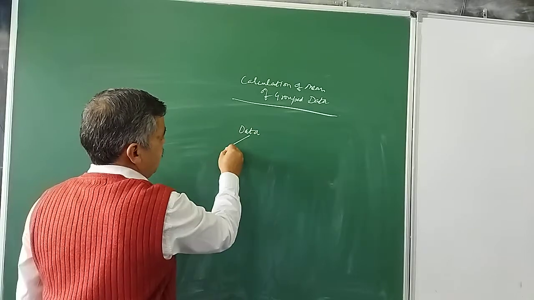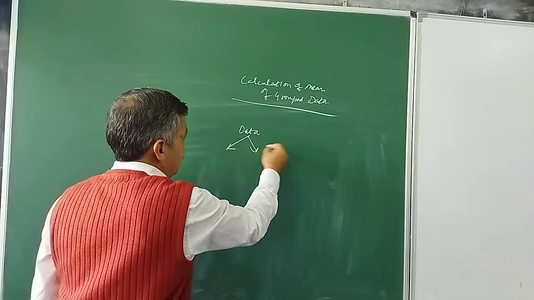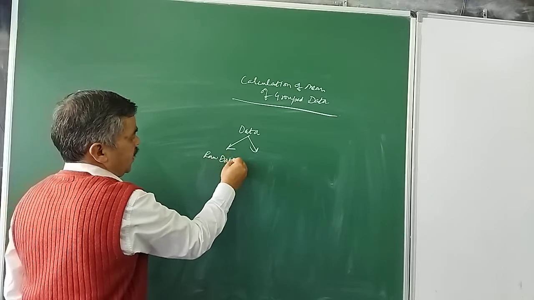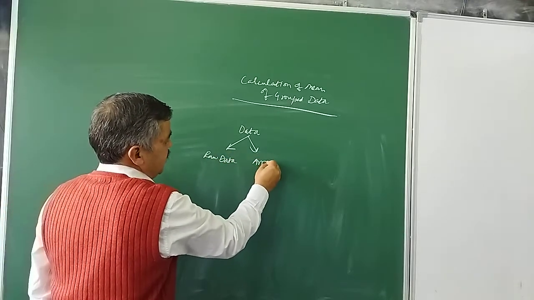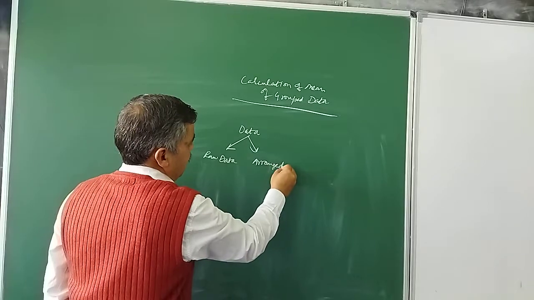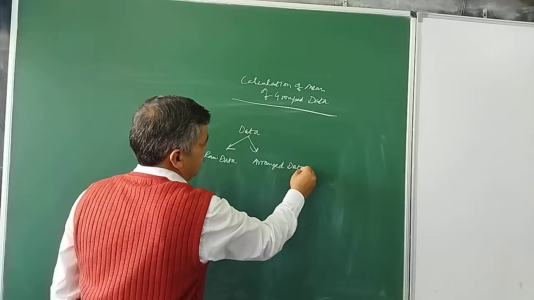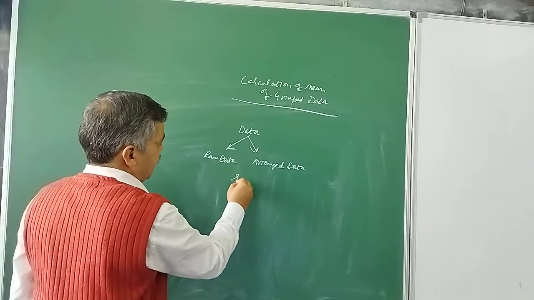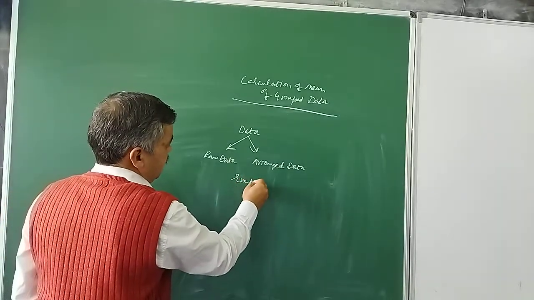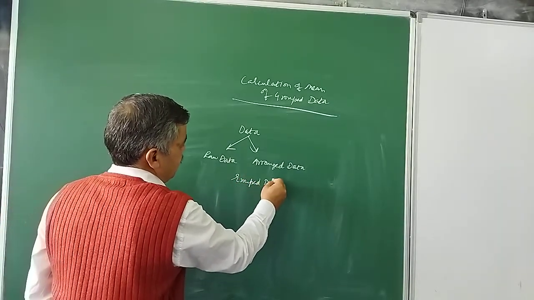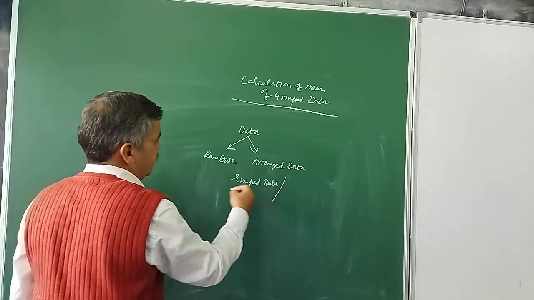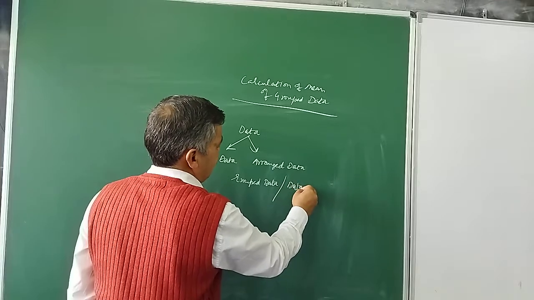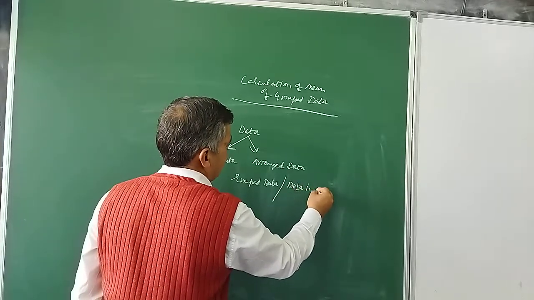What is data? Data, you know, lies in two forms: raw data and arranged data. What is grouped data? What is the difference between the grouped data and your data in actual form, that is raw data?